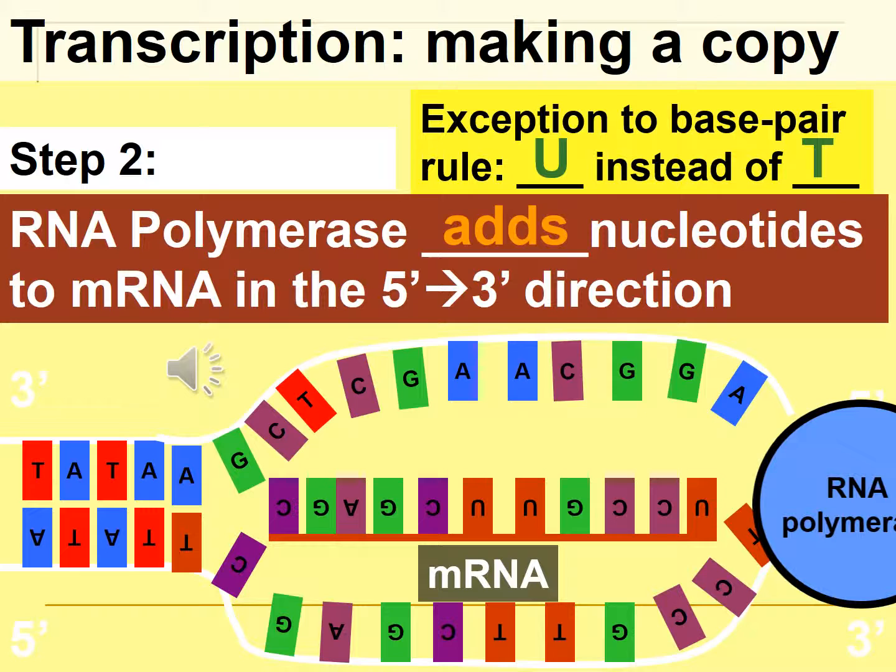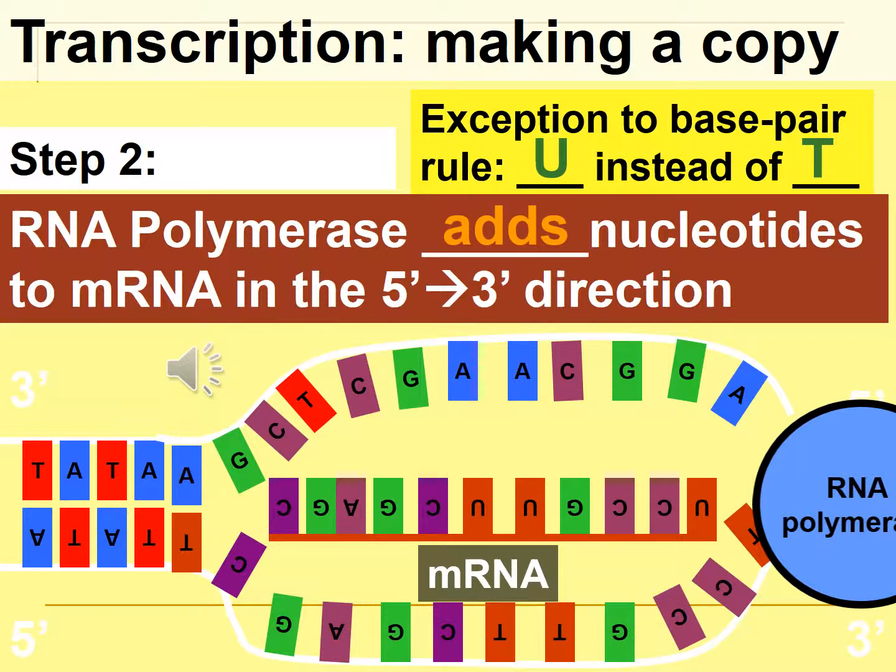Okay, so once the RNA polymerase separates these two strands, RNA polymerase starts adding nucleotides to make the mRNA in the 5' to 3' direction. And you will see here in this graphic that it only transcribes one side. It doesn't do both sides, just one side gets transcribed.